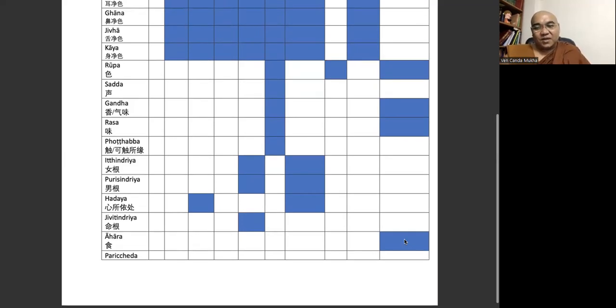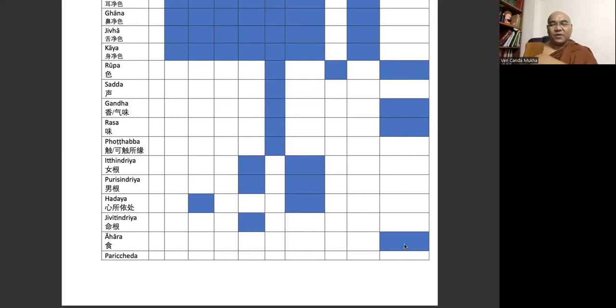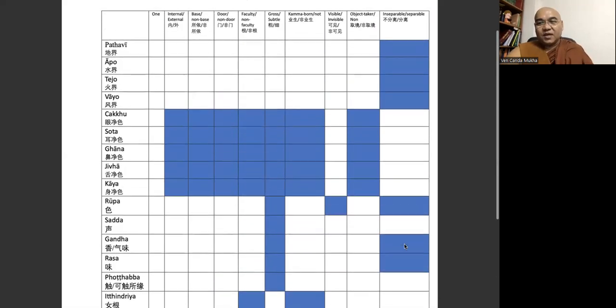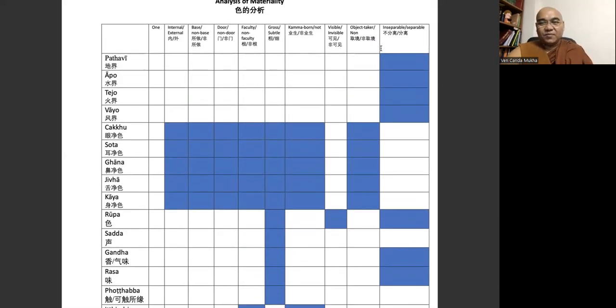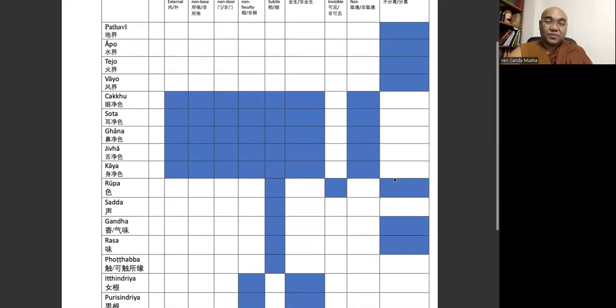So that's why I have these eight kinds of rupa here: Pathavi, Apo, Tejo, Vayo, and then Vanna, Gandha, Rasa, and Ahara, altogether eight. These eight remain together wherever they are, in whatever substance we can find. That's why these eight materials are called inseparable matters. The remaining matters are called separable matters, which can be separated.